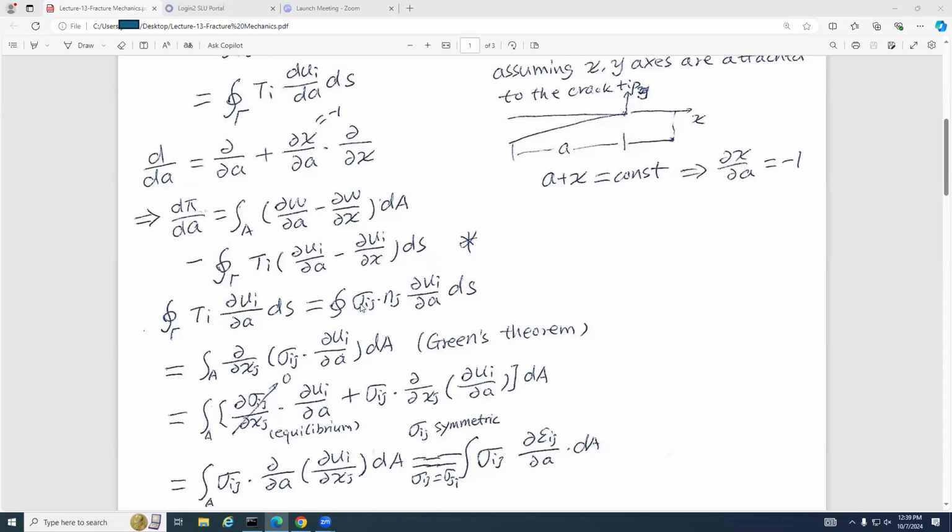You understand, guys? From here to here, we also use the rule that when we take the derivative twice, the order does not matter. We just change the order and take the derivative of dui dxj first.